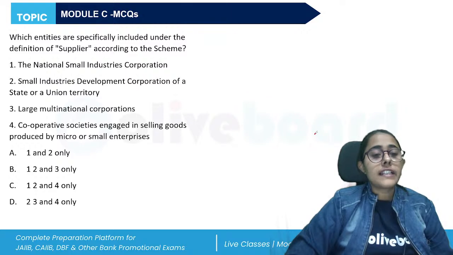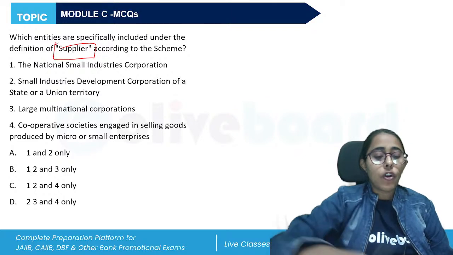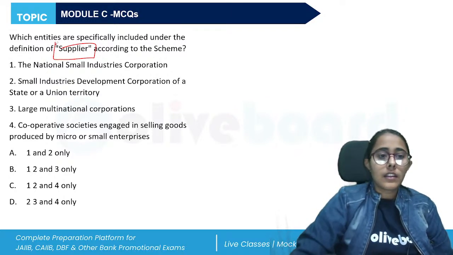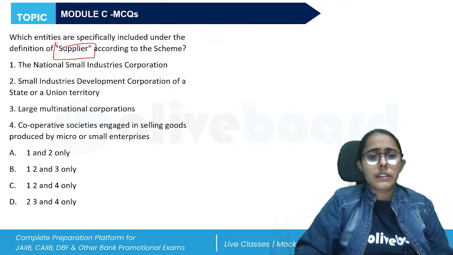Next, which entities are specifically included under the definition of supplier according to the scheme? So according to the Micro, Small and Medium Enterprises Act, what is the definition of supplier? Various definitions are given: the advisory committee, the goods, the buyer, the day of deemed acceptance.